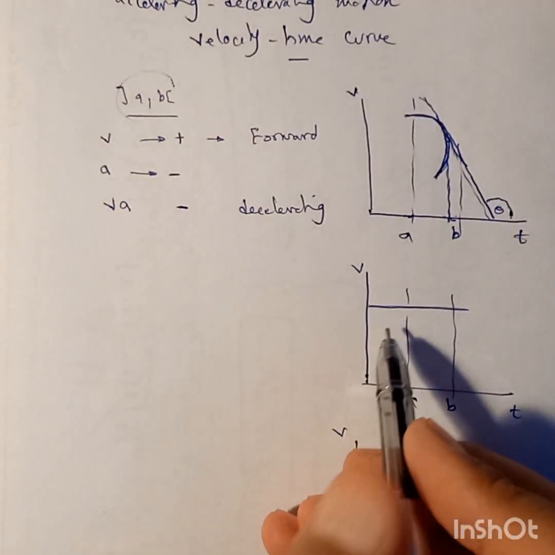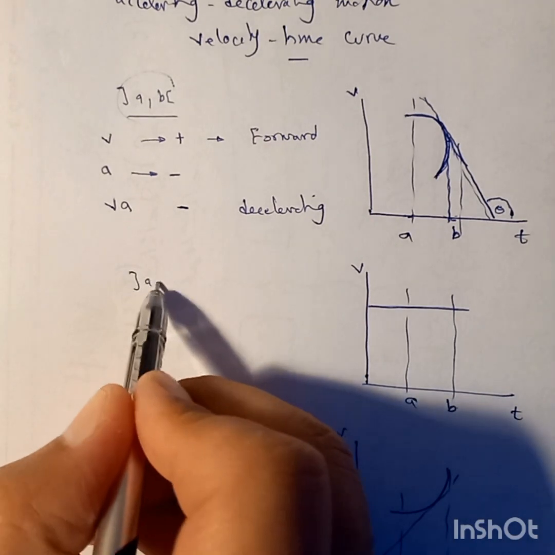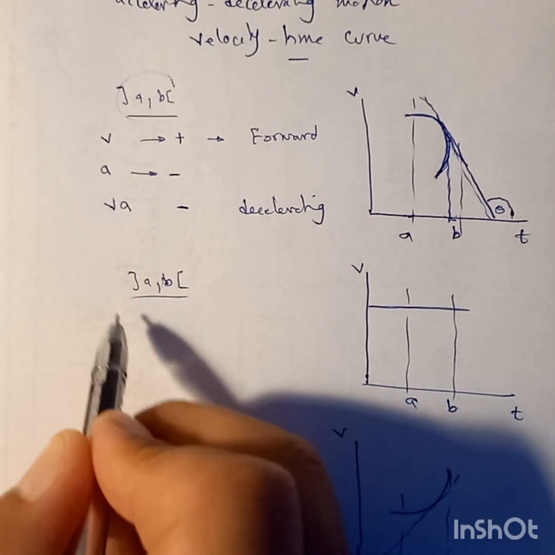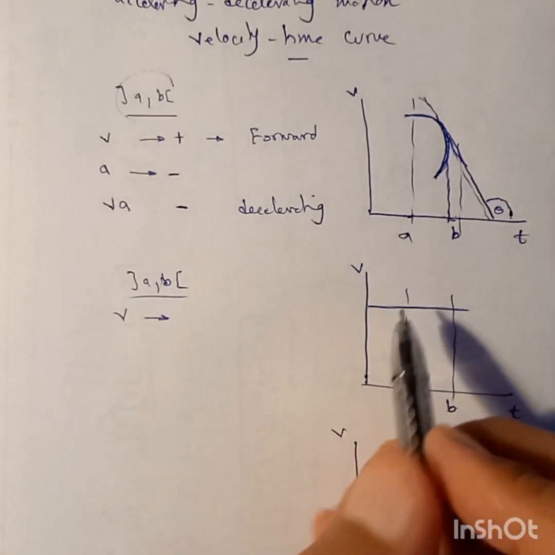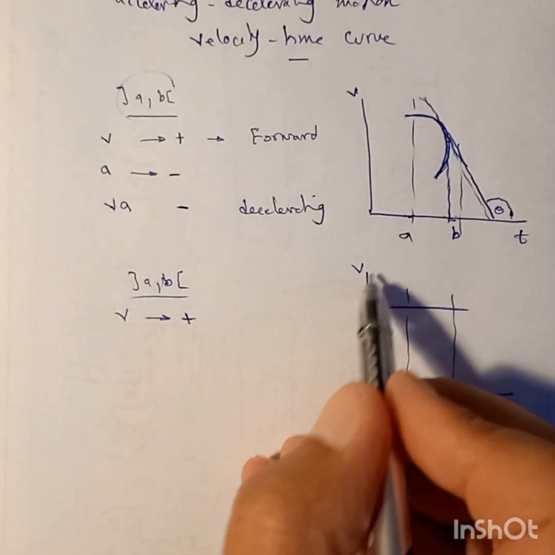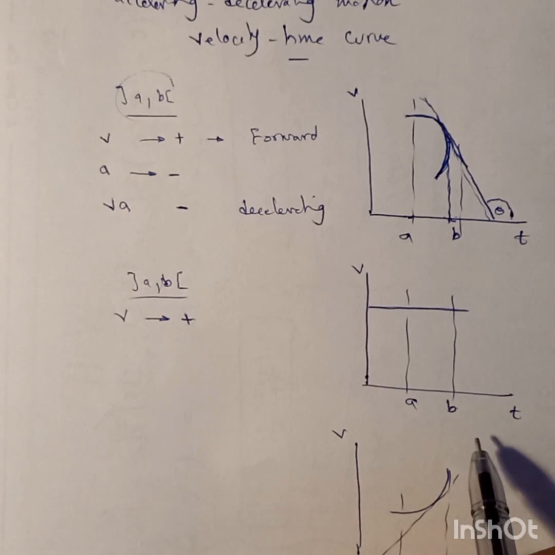For the second curve, during this time interval a and b, first we also have to find the sign of v. As the curve is above the x-axis, v is positive, as we are dealing with the vt curve.